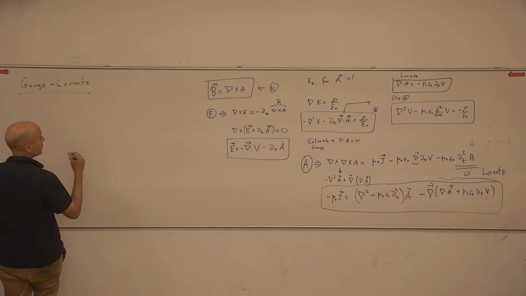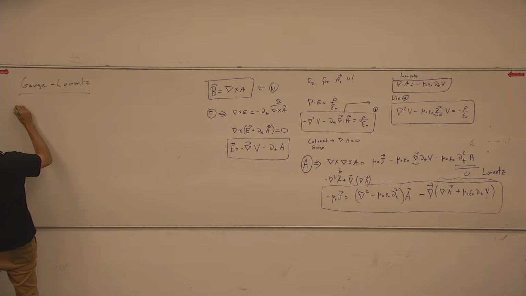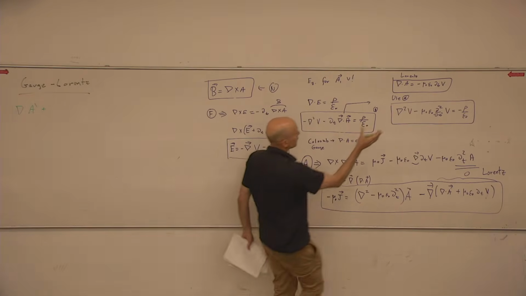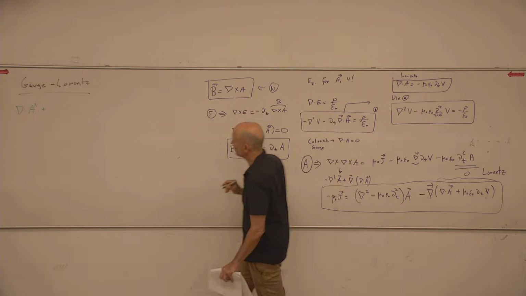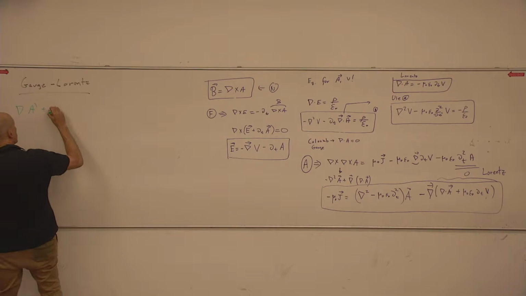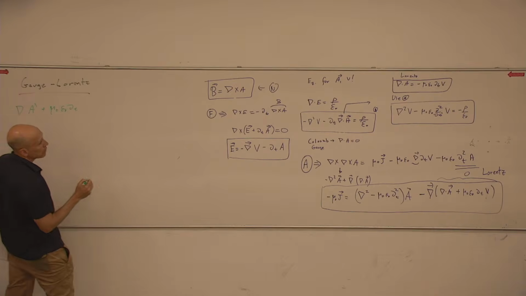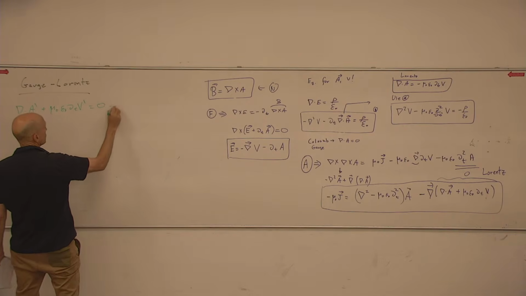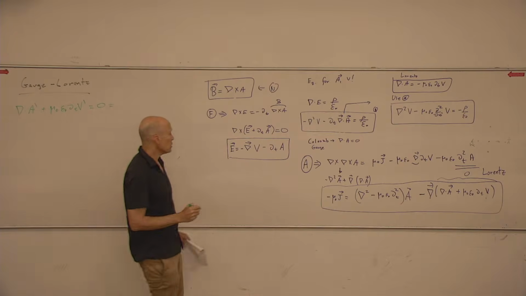We say that div A prime plus, I'm just copying from up there, and putting it on the other side, mu0 epsilon0 d dt V prime is equal to 0. But what is this equal to?